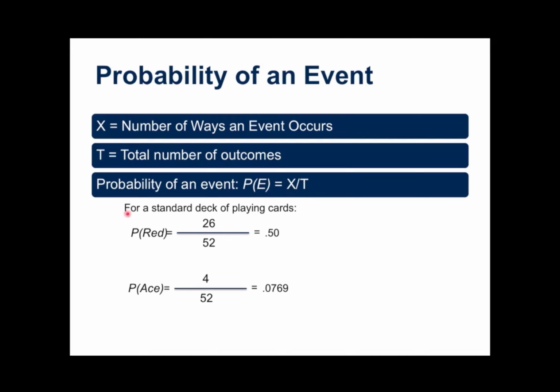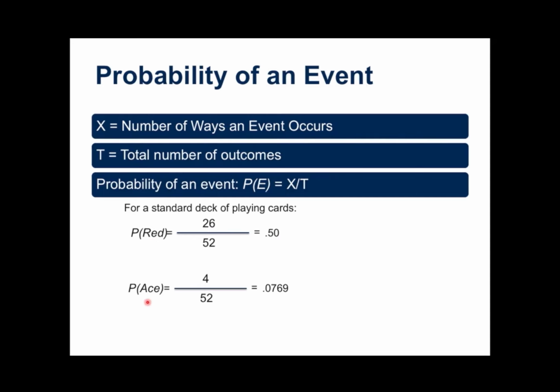Think of it as selecting from a deck of playing cards, a standard poker set. Intuitively, you know that there are 26 red cards, so the probability of you selecting any one red card out of 52 is 0.5. And you know that because the other cards are black cards, so you couldn't possibly be choosing red.